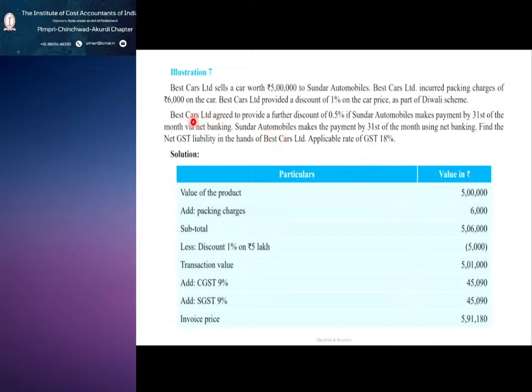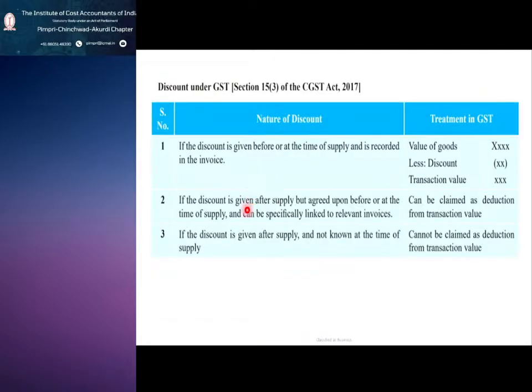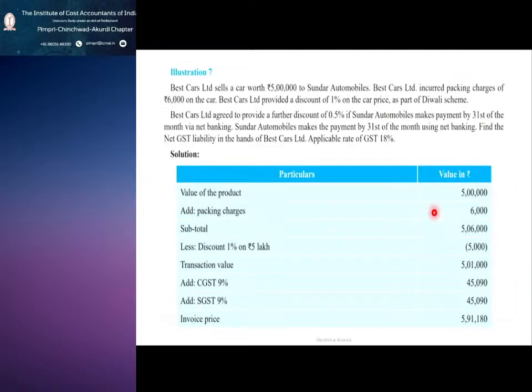But if you read the second line, Best Cars Limited agreed to provide a further discount of 0.5% if Sundar Automobiles makes payment by 31st of the month. In that scenario, it has been agreed, so that means you can claim the deduction. Meaning, what you have initially paid is 45,000.